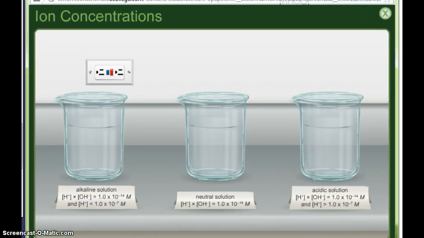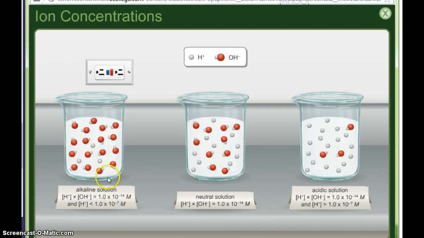All right, so let's look at ion concentrations. Here we have an alkaline solution. What do we have more of? We have more of the OH molecules, or the hydroxide ions. When you multiply the concentration of the hydrogen ions times the concentration of the hydroxide ions, you're still going to get 1 times 10 to the negative 14th molar.